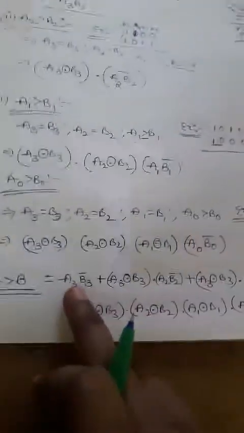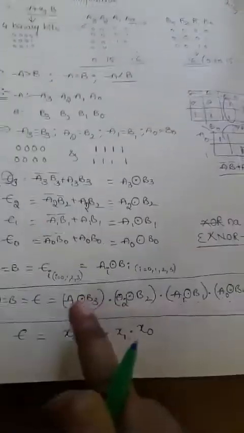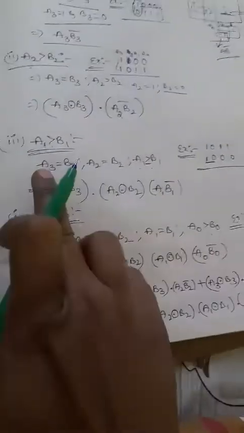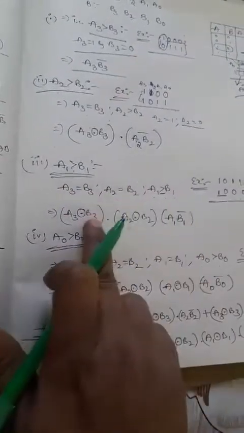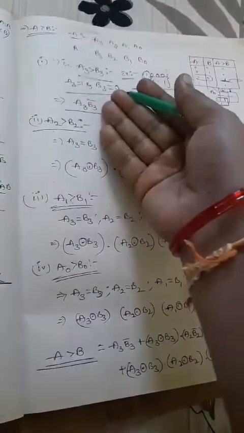Here, why am I taking the OR operator? Between the 4 bits, that means A3, A2, A1, A0, we are taking the AND operator. Here also, between each bit, A3, A2, A1, we are taking the AND operator, no? So the same thing will happen. Here the cases will increase, and we get a total of 4 cases.